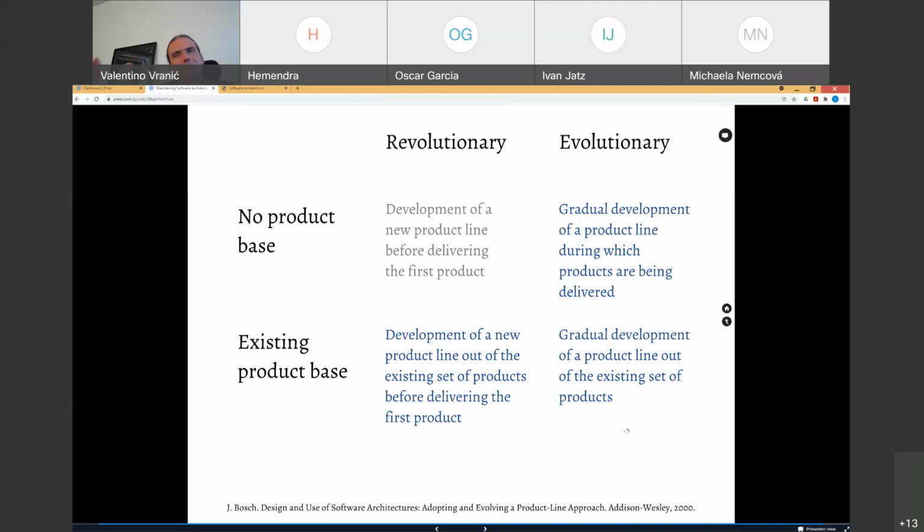Maybe this is a sophisticated way to pay out your technical debt, say so. We discussed these things when we talked about software product lines, so I'm just recalling this. So refactoring to software product lines might be a thing to consider.